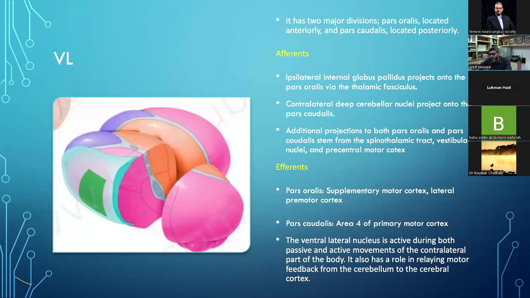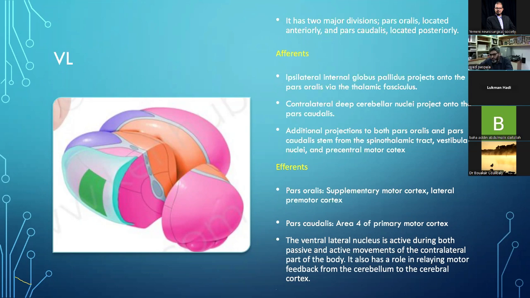I will be showing in a separate slide how this thalamic fasciculus and the ansa lenticularis are oriented. And pars caudalis will be receiving afferents from the contralateral deep cerebellar nuclei.